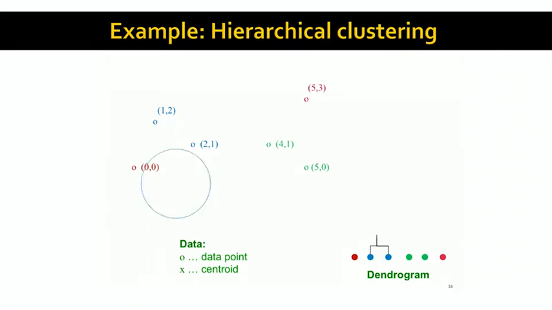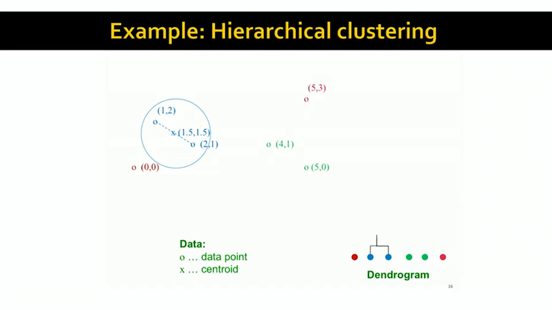We combine them into a single cluster, and now we're going to represent this cluster by its centroid. To compute its centroid, we have to compute the average of the 2 points, which is just the average along every dimension. So the average of the points (1, 2) and (2, 1) is the point (1.5, 1.5), which is the centroid of this newly created cluster.